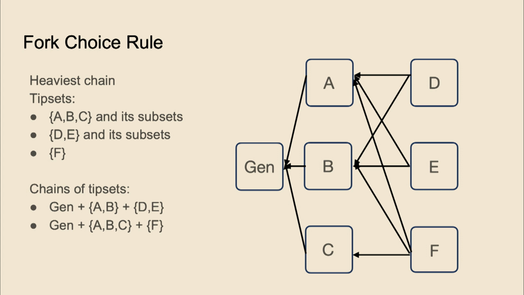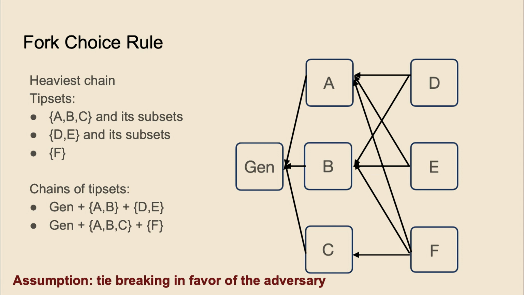So we need a tie-breaking rule. We made a standard assumption in our work that the tie-breaking rule will always favor the adversary. Note that this is a standard assumption in many other longest-chain style protocols, and this assumption only makes the adversary stronger.